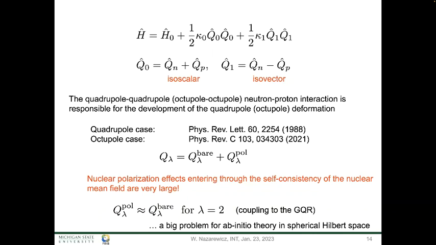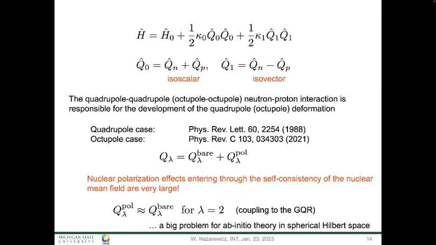Those modes are in the energy region of 12 to 15 megaelectronvolts. But those modes impact dramatically low-energy collective quadrupole states.